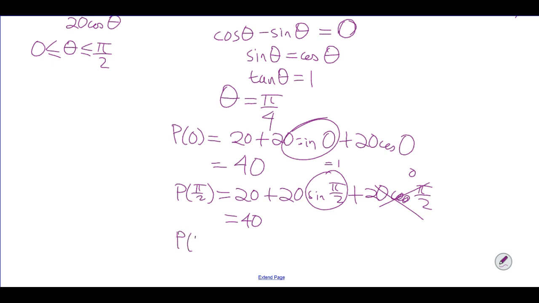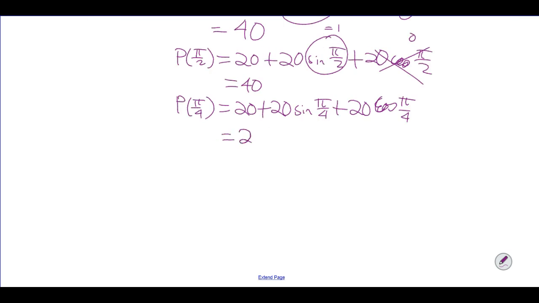And p of pi over 4 is 20 plus 20 sine pi over 4 plus 20 cos pi over 4. There's 20 plus 20 root 2 over 2 plus 20 root 2 over 2.